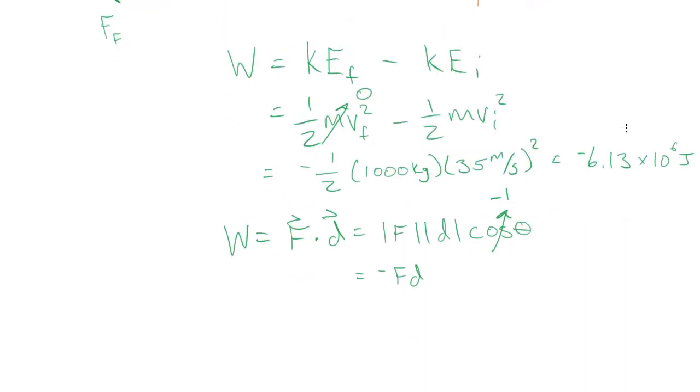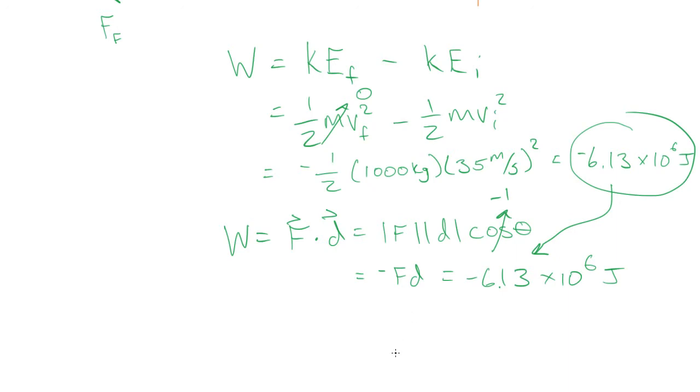But I just solved for that. That's up here, so that's equal to -6.13 times 10 to the 6th joules, which tells me that my distance is going to be equal to -6.13 divided by -F.